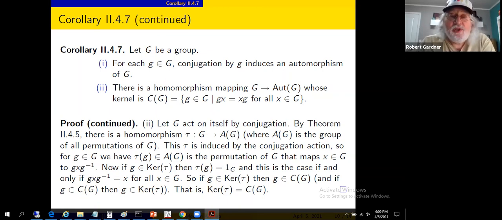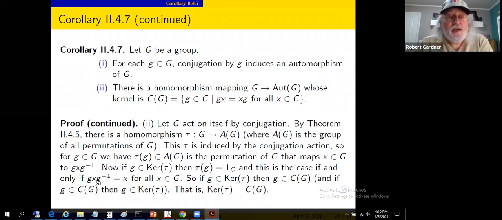So if g is in the kernel, we know tau of g is the identity on set G. Tau of g takes elements x of G and maps them into gxg inverse. Well, if that's the identity, those must be equal, and this must be valid throughout set G for all x and g. So we need gxg inverse to equal x, provided g is in the kernel of the induced homomorphism.